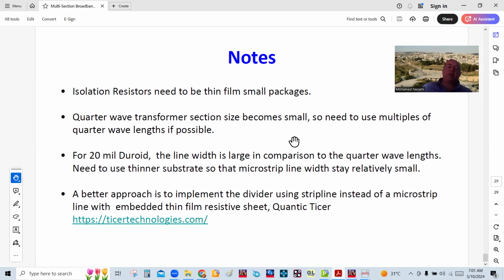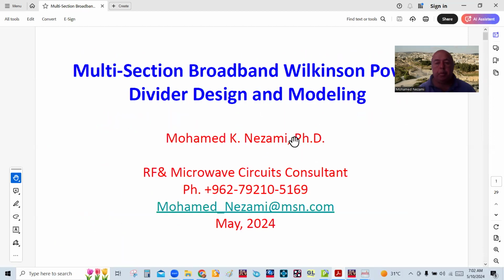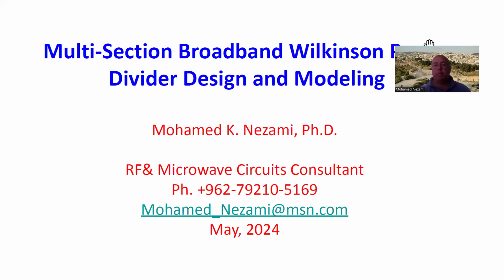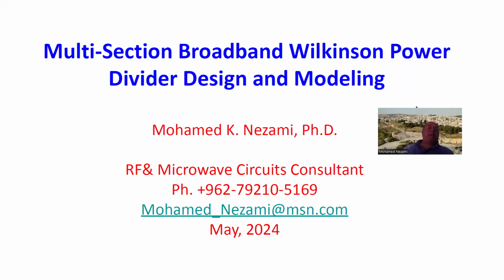And the trade-off with that, of course, is you're dealing with a strip line, so now the input and output access is no longer on the top layer, so you either use a transition from microstrip to strip, or use one of these sophisticated edge connectors that can connect to it. I hope this gives some kind of idea on the challenges of designing broadband Wilkinson power dividers.